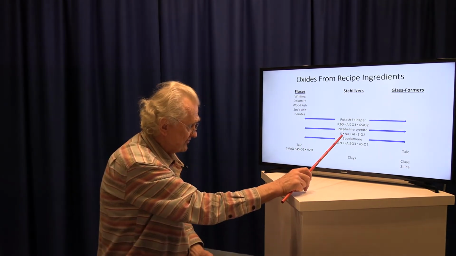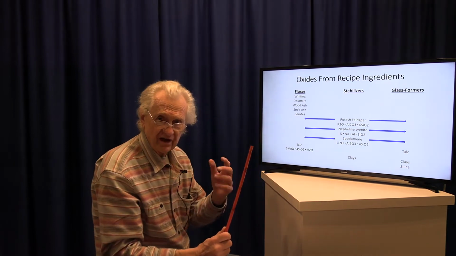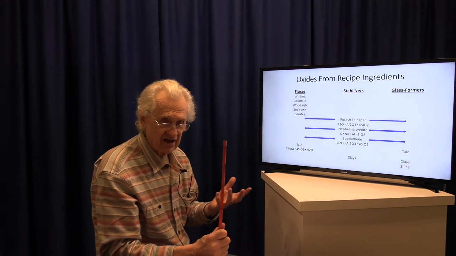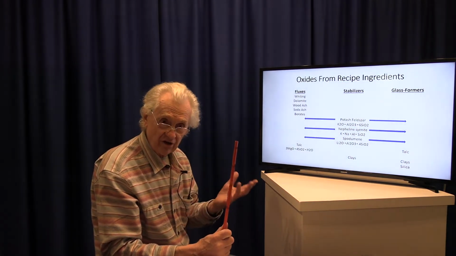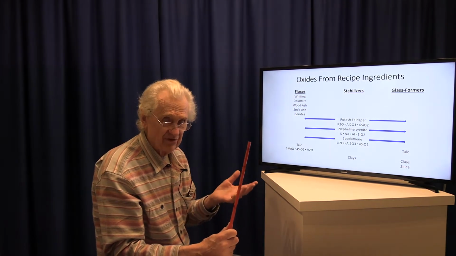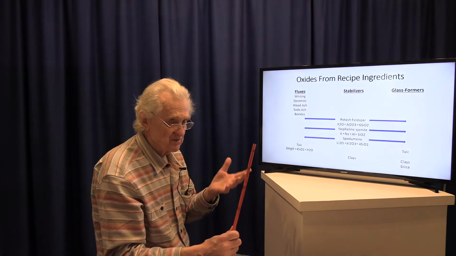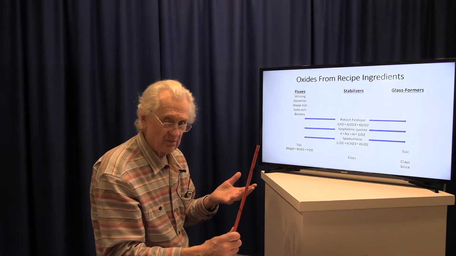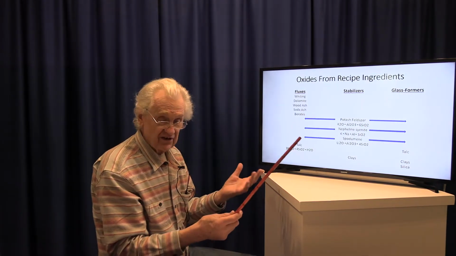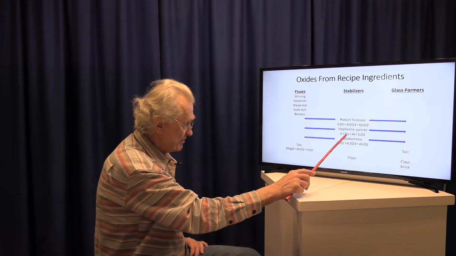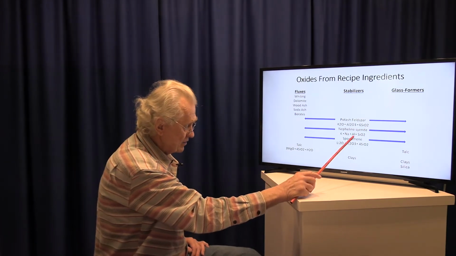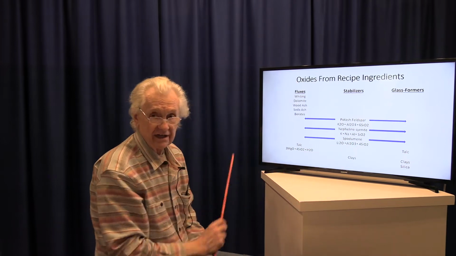I didn't put exact proportions here of the ingredients because it can vary. Nepheline syenite contains several minerals. It's a rock, and so it doesn't have a fixed composition. It's hard to write a specific formula for nepheline syenite, but we know it contains these elements. It contains sodium and potassium, which are fluxes, and aluminum oxide again, and silica again.